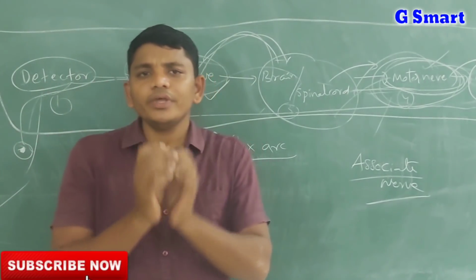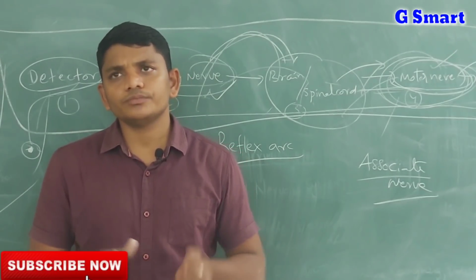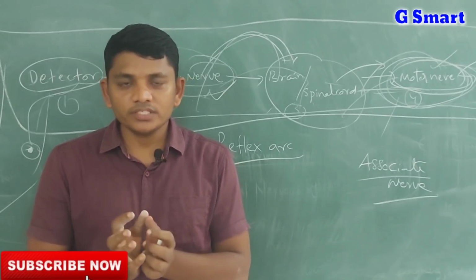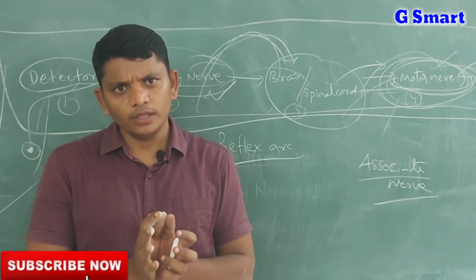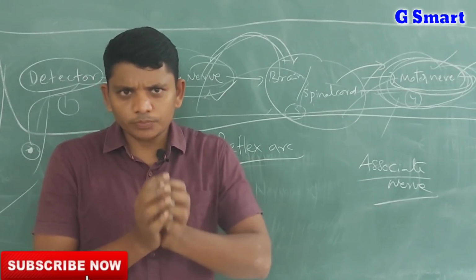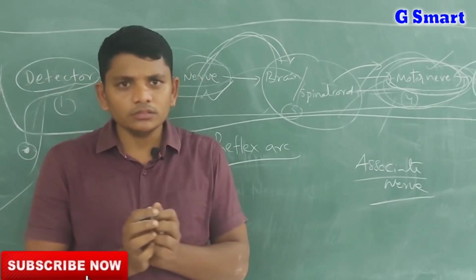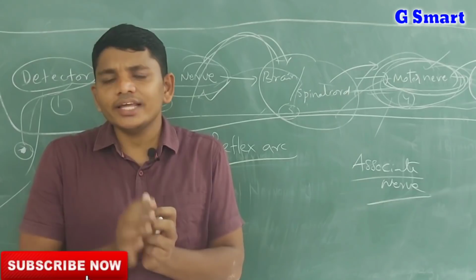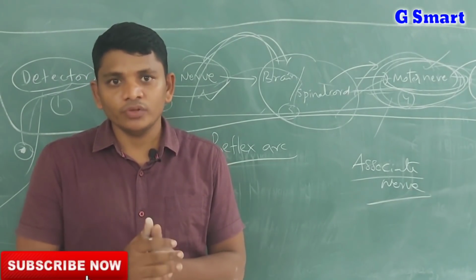It only appears in the spinal cord. You know, sometimes information may not go to our brain. The information reaches up to the spinal cord only. When the information reaches the spinal cord, the nerve cells called associate nerves analyze the information, and immediately they release responses.